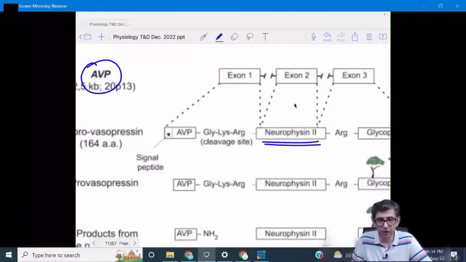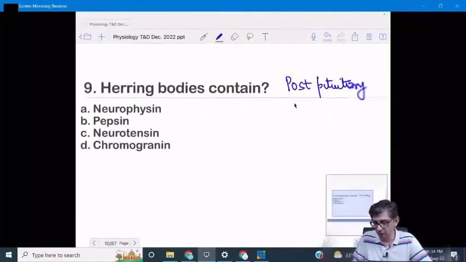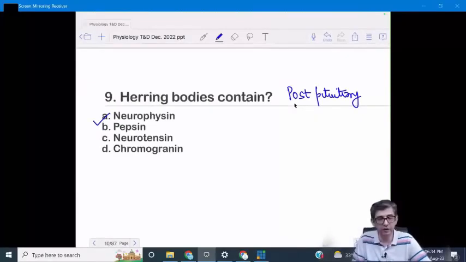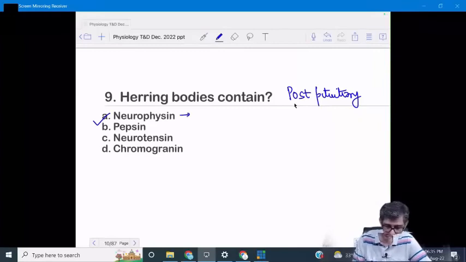The correct answer for this question is option A. Herring bodies are located in the posterior pituitary and they contain neurophysin. Neurophysin is a structural unit of vasopressin. The main function of vasopressin is reabsorption of water via the collecting duct in the kidney.